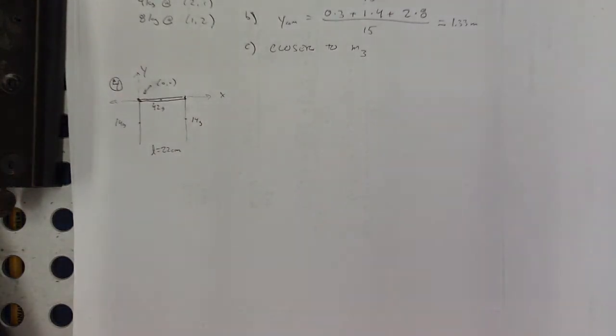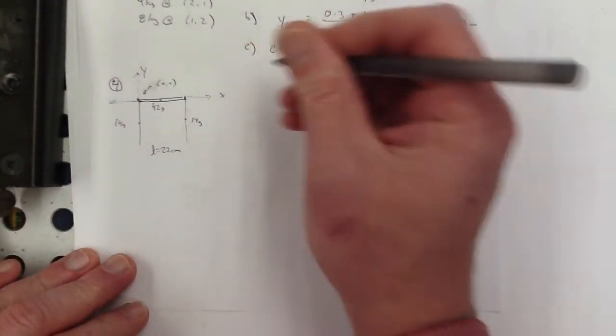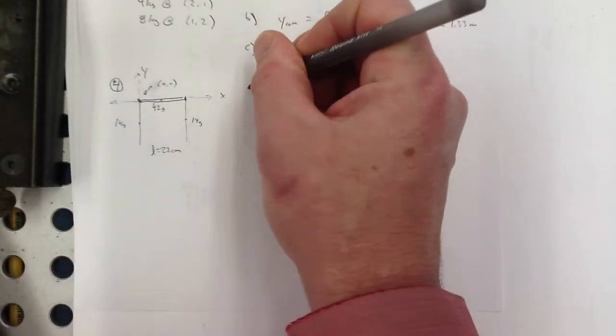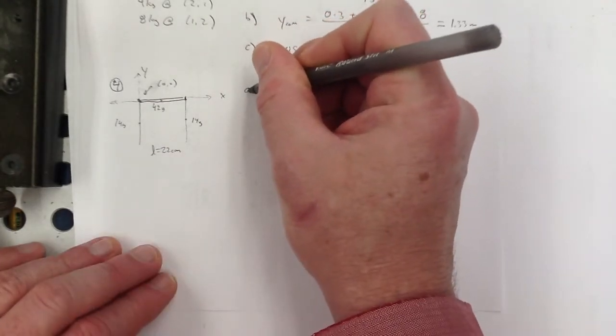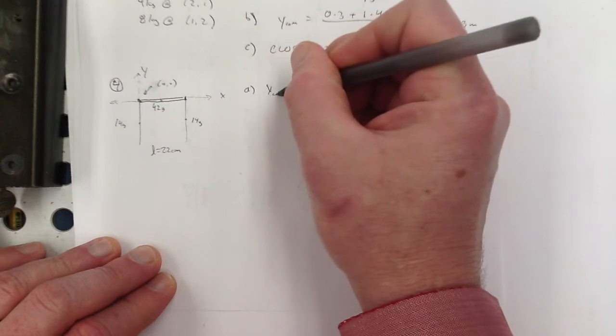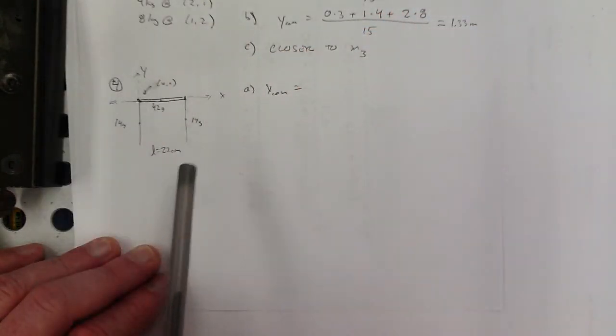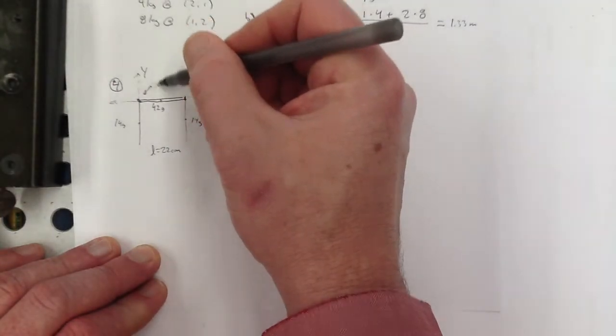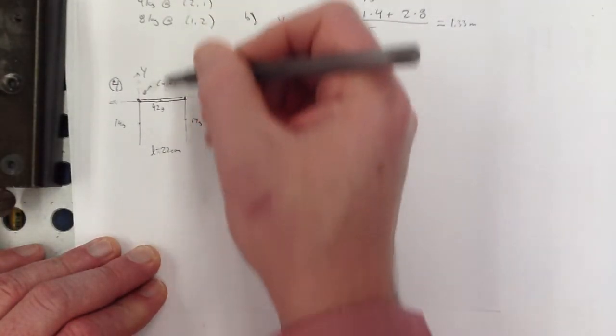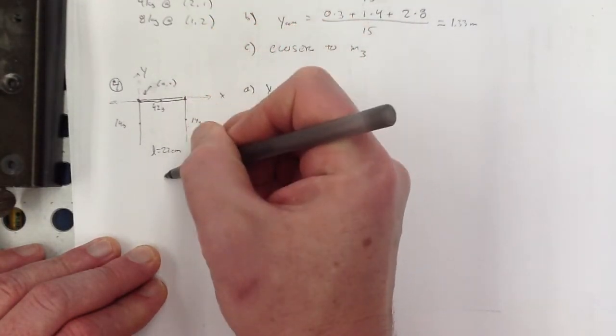All right. If you're thinking, oh, I got to change these to kilograms and this to meters, you don't have to. You just have to be consistent. So let's do... Does this have an a and a b? Yeah, x and y coordinates. So a, the x coordinate of the center of mass is, hold on a second, I'm not going to do anything here because this thing actually has symmetry with respect to this line right here.